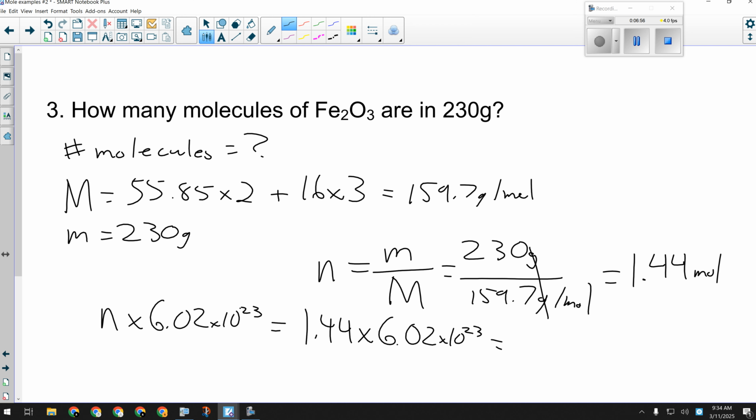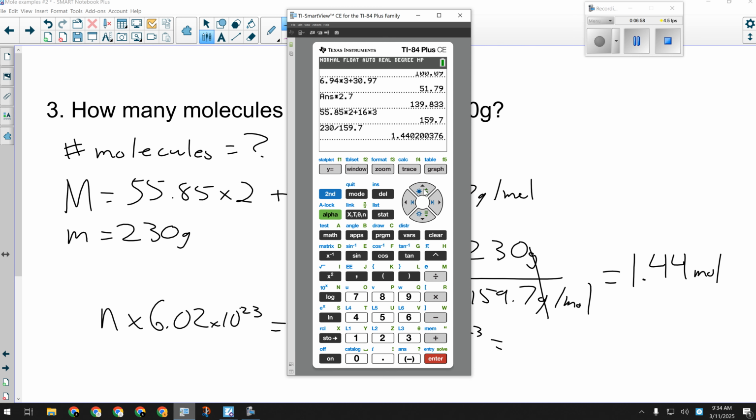On my calculator, I take that number and multiply it by, in brackets, remember Avogadro's number always goes in brackets, 6.02, second function, hit the comma button to get the E, 23, close the brackets. All right, so I will have 8.67 times 10 to the 23 molecules.